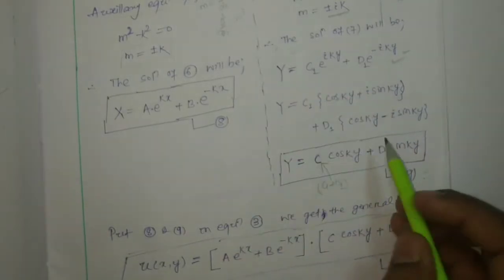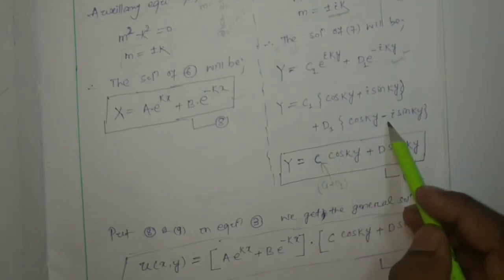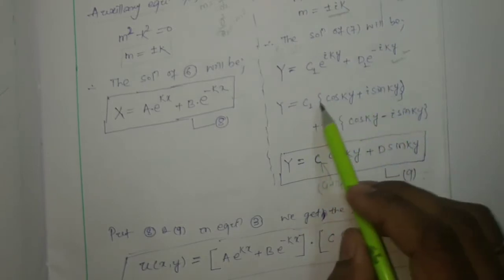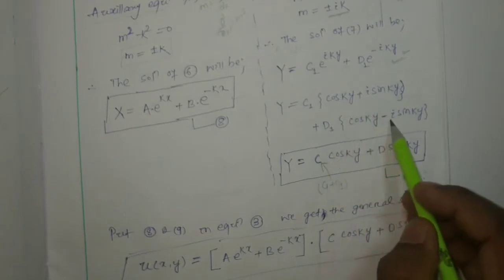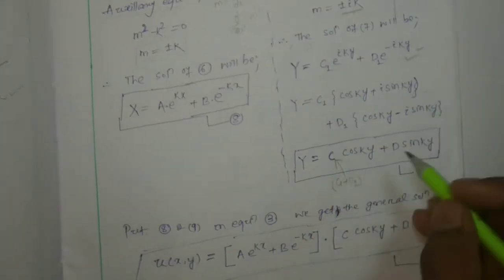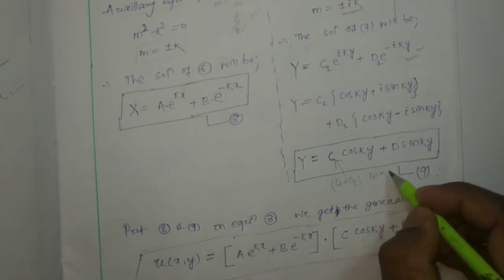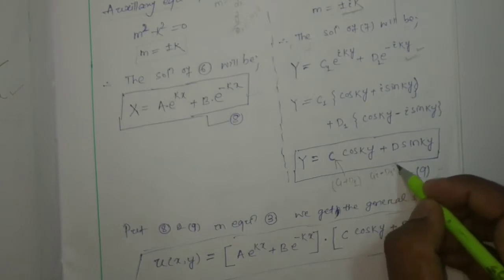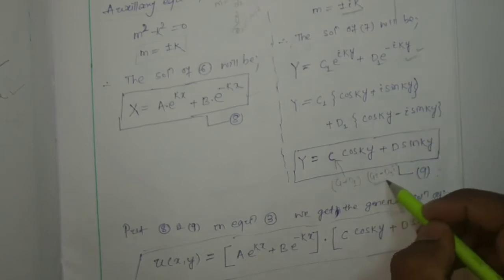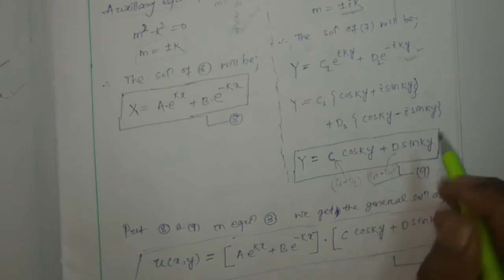Then for the sin terms, c1 i and minus d1 i, if I take sin ky common, we get c1 i minus d1 i into sin ky. So instead of writing c1 i minus d1 i, we write d sin ky.